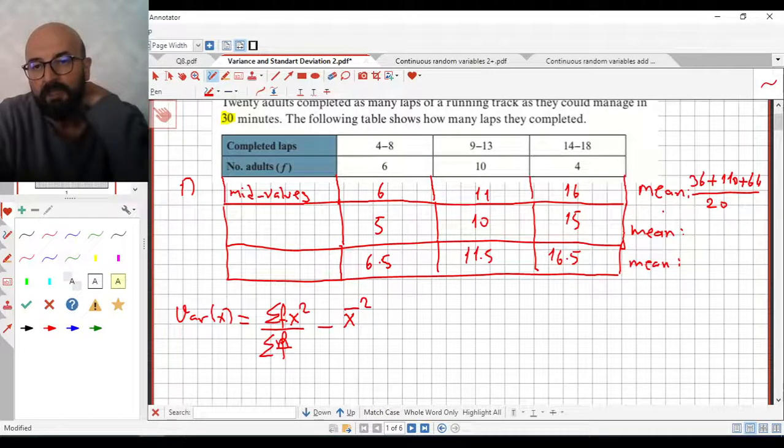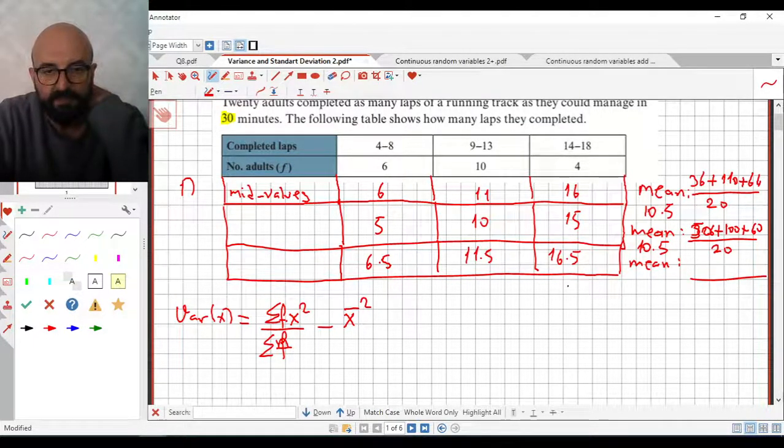It means 10.5. For the other row, 5 multiply 6 is 30, plus 10 multiply 10 is 100, plus 15 multiply 4 is 60, over 20. So it means 10.5.